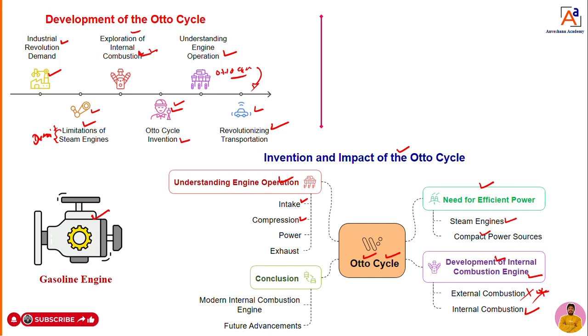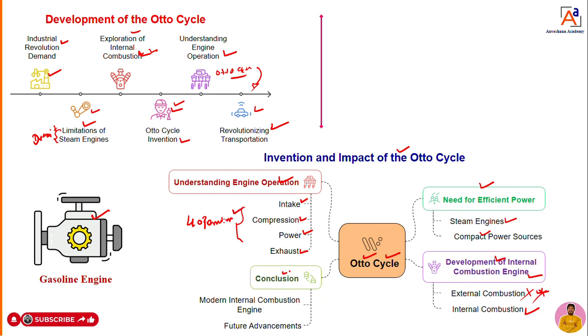Once it is compressed, a small spark is given to the compressed air-fuel mixture. Then sudden expansion takes place; that expansion we call the power stroke or power process. Later, once the work is done, the burned gas becomes hot gases inside the cylinder, and they come out through the exhaust process. That is the fourth one. Like that, he came to know four operations during the investigation.